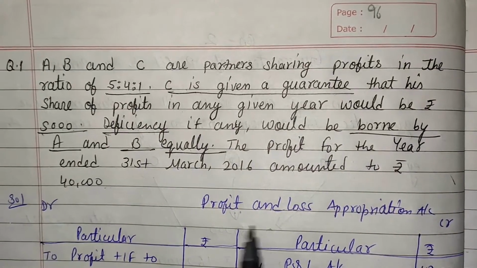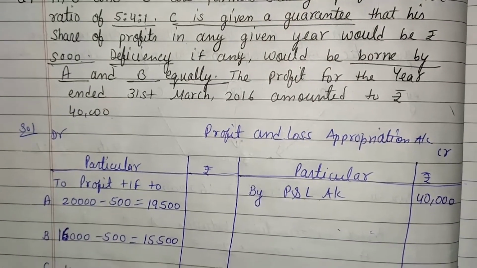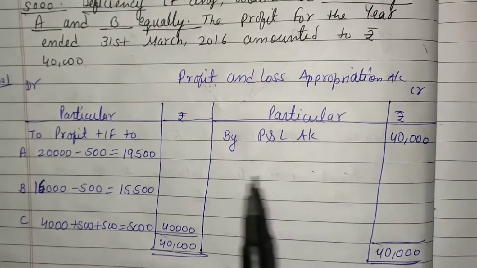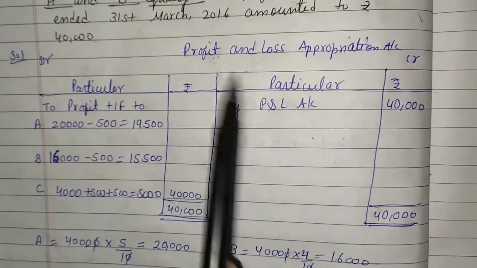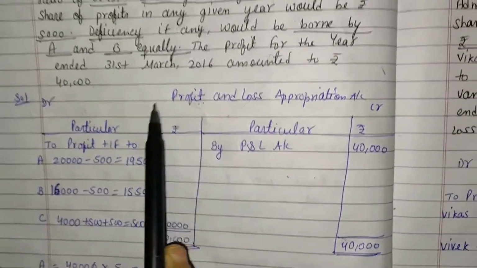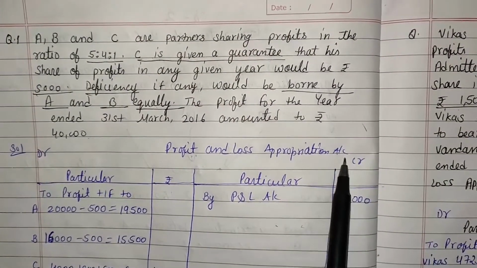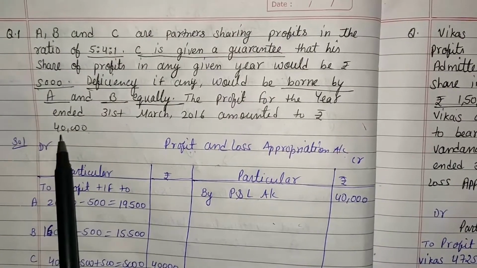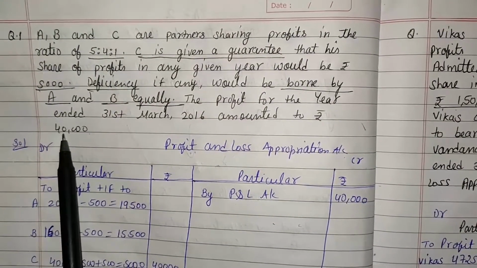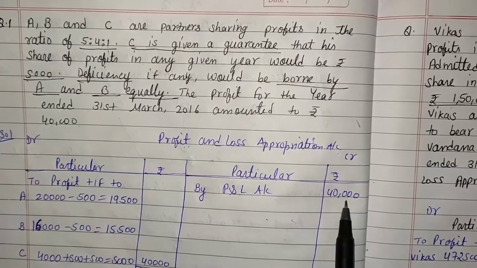So first of all, we have to calculate the share of the profit, that is 40,000. But before that, we prepare an account, that is the profit and loss appropriation account. Here is the debit side, here is the credit side. The profit is entered in the account by the name of P&L account, that is 40,000.